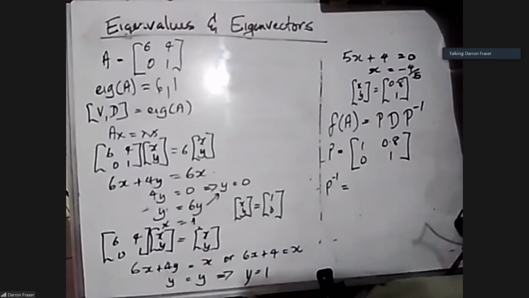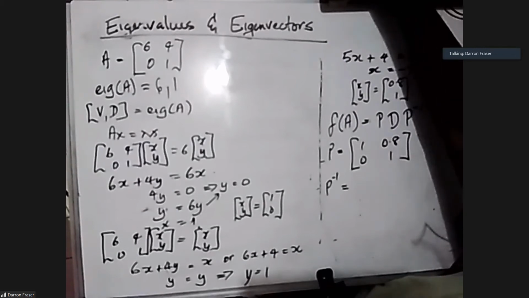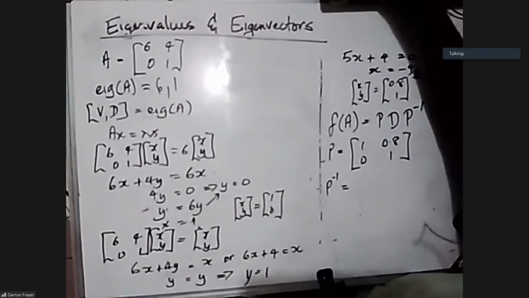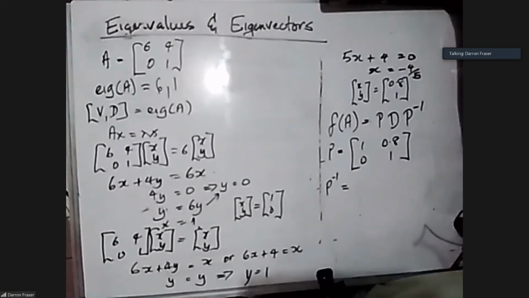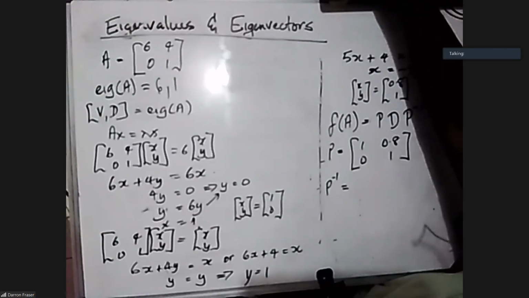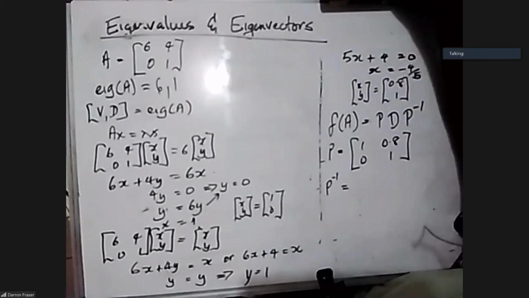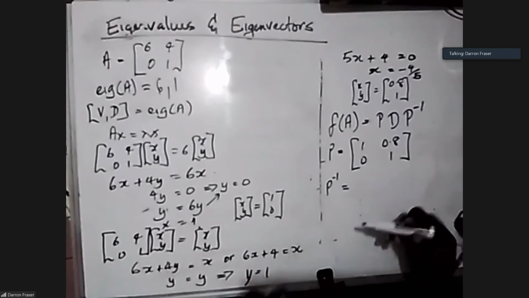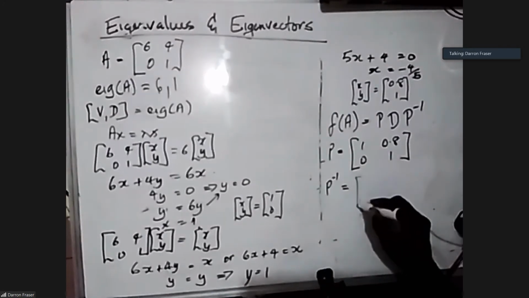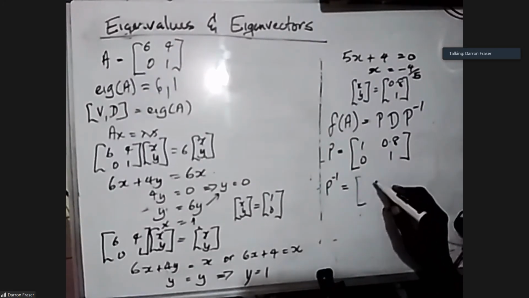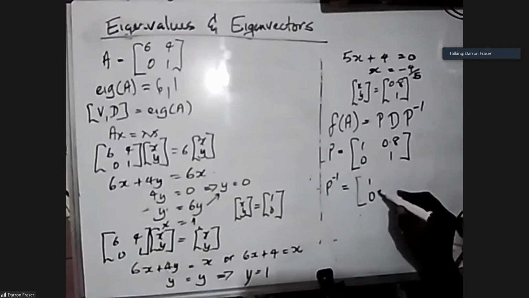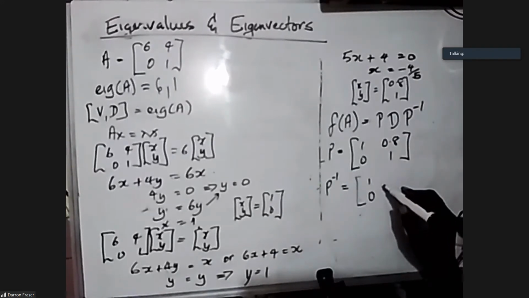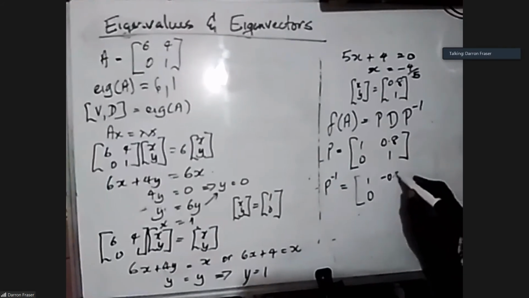Now we're going to find the inverse, inv(P). I used the eigenvectors I found, because the ones MATLAB gives me are kind of messy. So this is 1, 0.8, 0, 1.